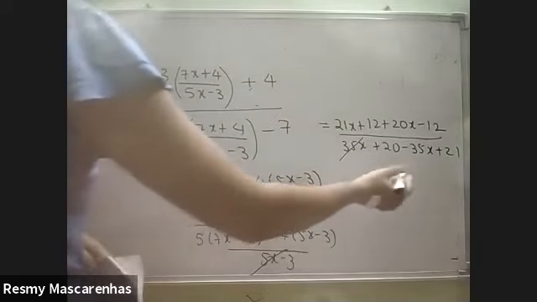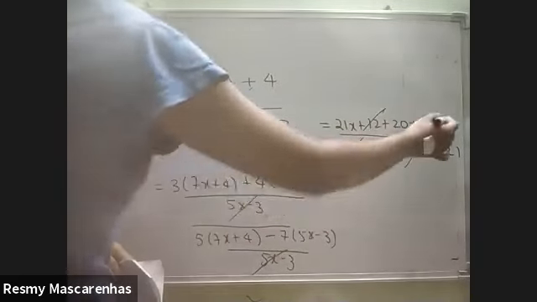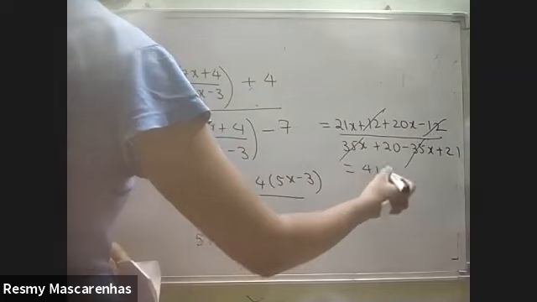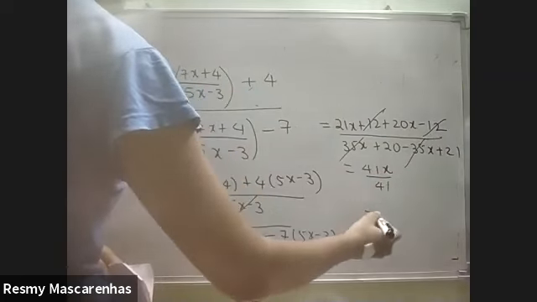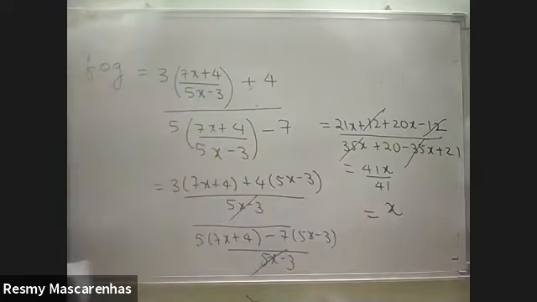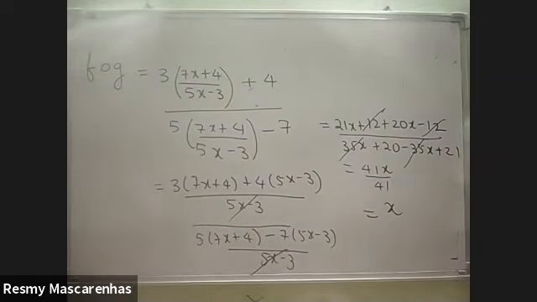So 35, again 41x upon 41. So that will be x. So this will be your answer of FOG and GOF. So this is how you have to find FOG and GOF.